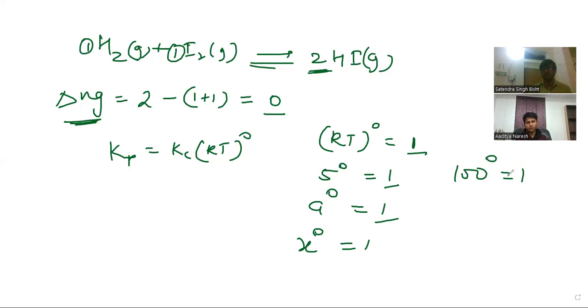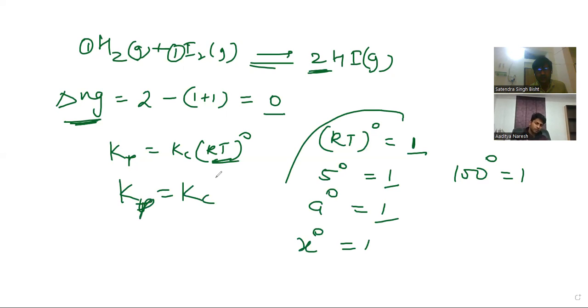Any digit, if its power is 0, its value is 1. Remember that. RT raised to the power 0 is 1, so Kp is equal to Kc.